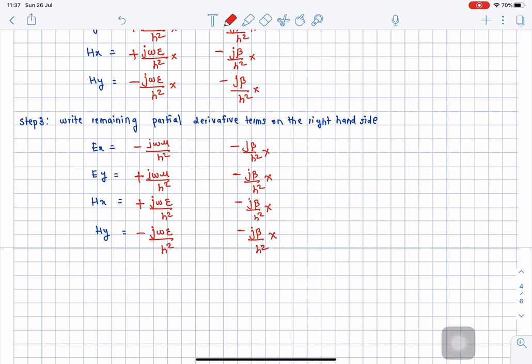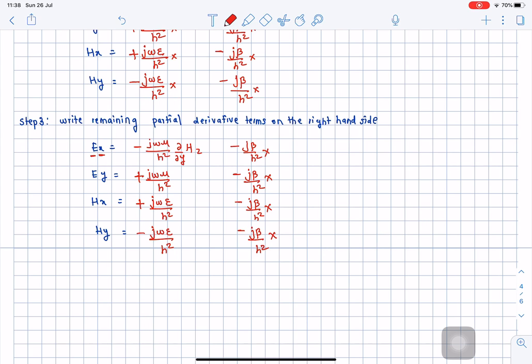Okay, see here, this is x over here. Then you need to go with a cycle x and y. So x means we need to take partial derivative with the next term, that is y. If it is x, you need to take partial derivative with y. And then which term do you need to write? It is electric field. Now you need to write here a magnetic field, z component.